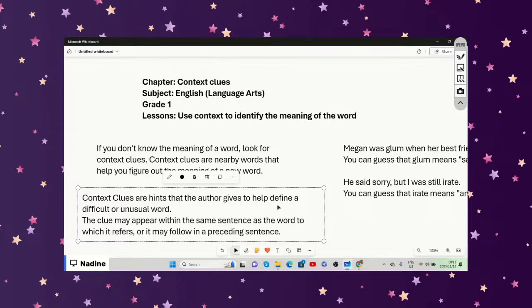And the clues may appear within the same sentence as the word to which it refers, or it may follow in the proceeding sentence. So basically, the ideas, the hints, the clues, are sometimes within that very same sentence that is given to us.